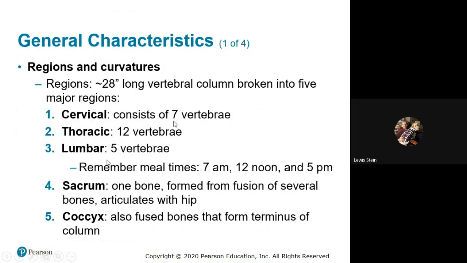So you have 7 cervical vertebrae, 12 thoracic vertebrae, corresponding to each rib that you have, because all of the ribs attach to the thoracic vertebrae. That's what makes them thoracic. And 5 lumbar. And then lastly, the 2 that are really fusions of bones we consider as one.